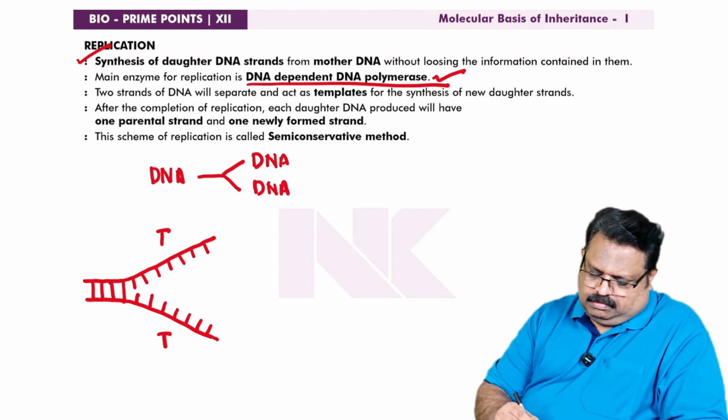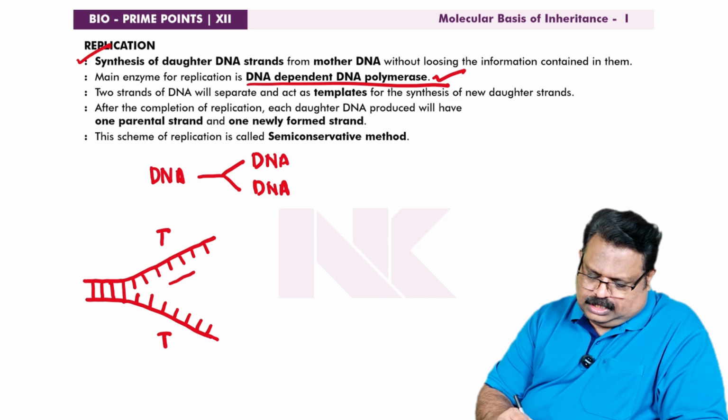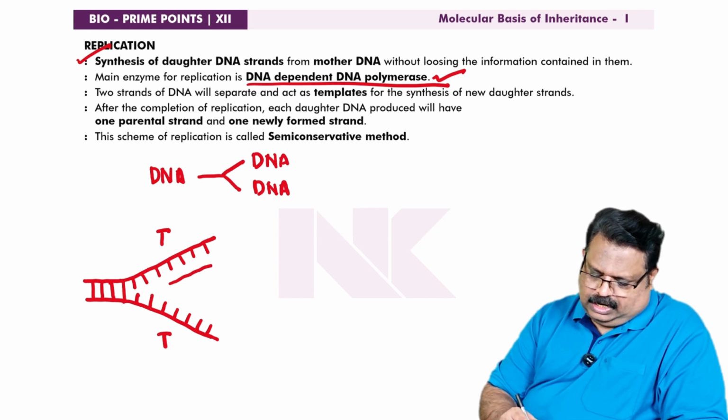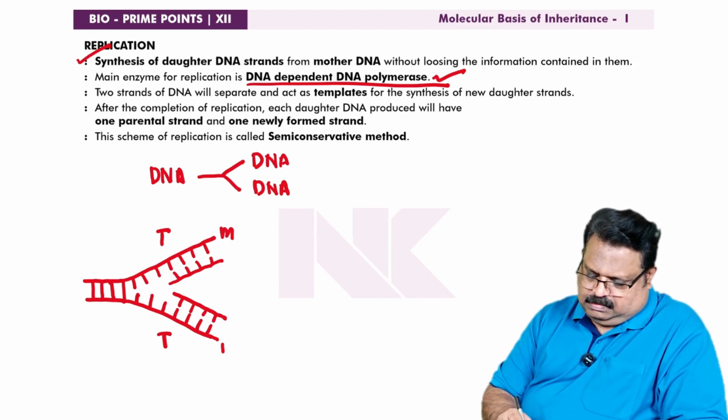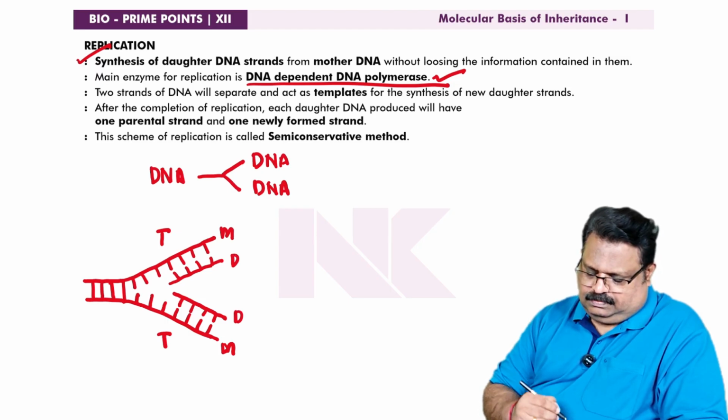So based on one template, one daughter strand is produced. Based on another template, another daughter strand is produced. Okay, this is the daughter strand produced, and here this will be the daughter strand produced. So this is the mother strand, this is the mother strand, and these are the daughter strands.